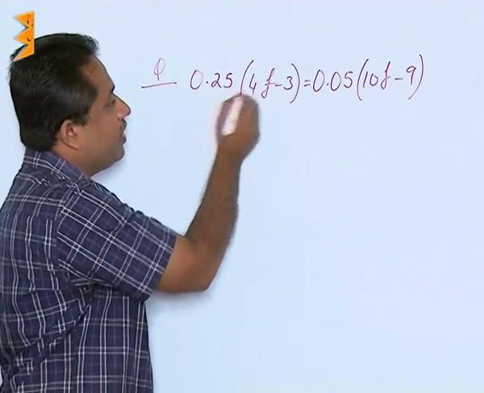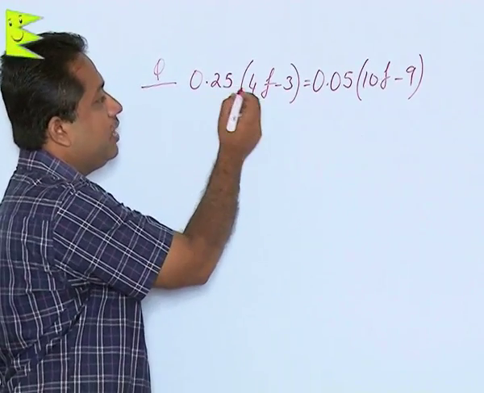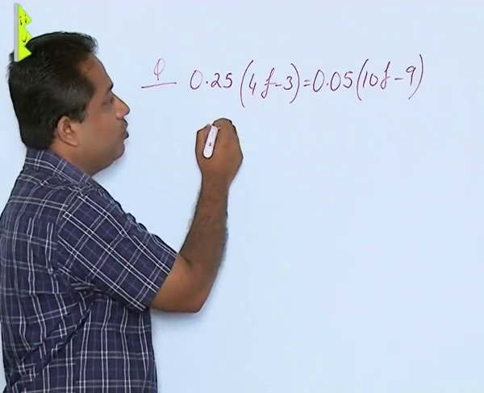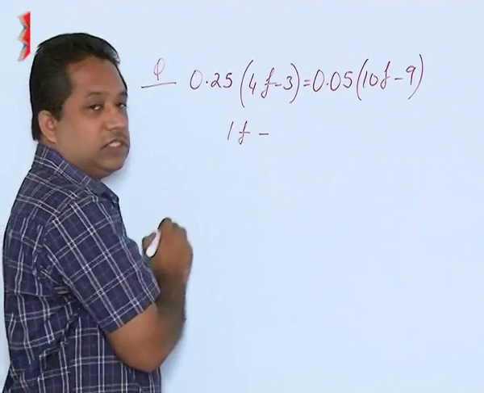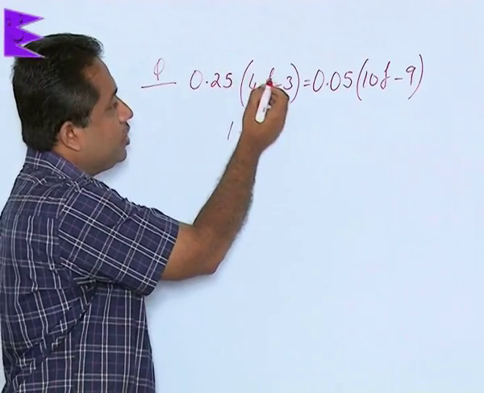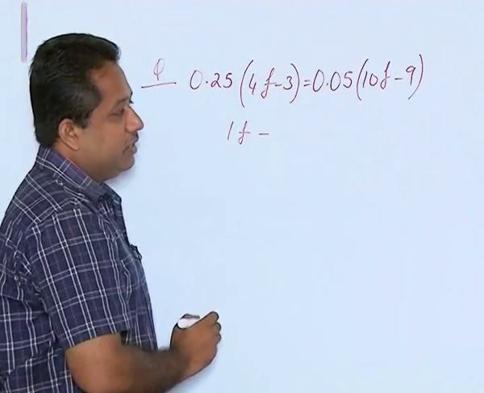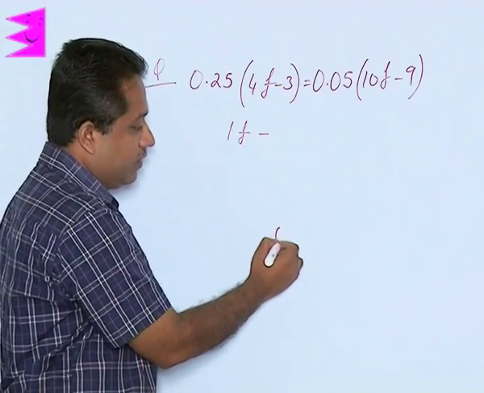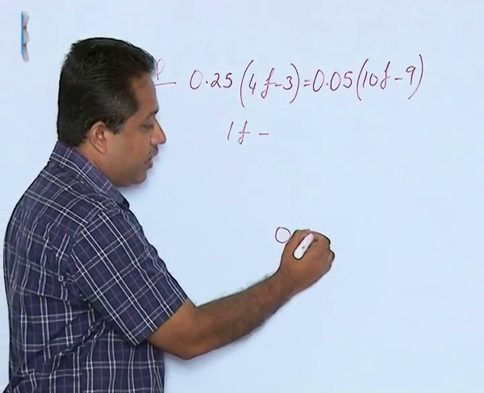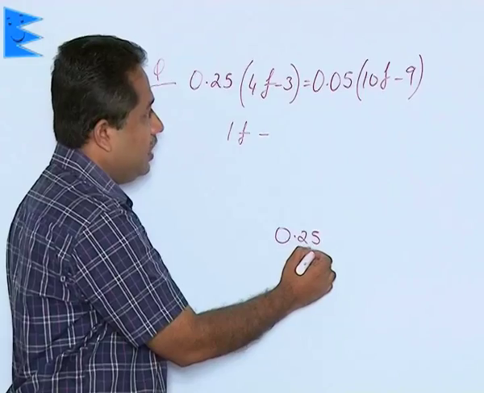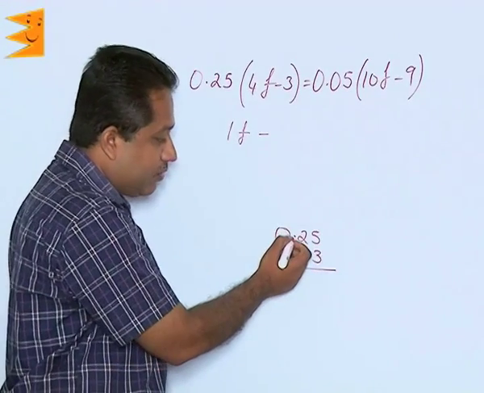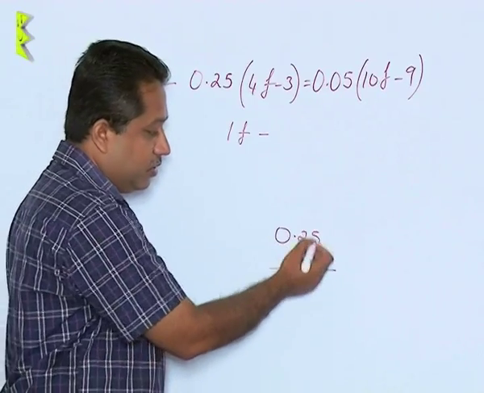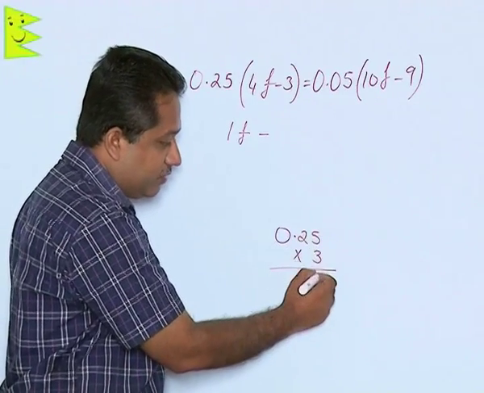So, 0.25 into 4, if we multiply 0.25 with 4, you are going to get 1f, minus, you are going to multiply 0.25 with minus 3. So, if you multiply this, we are going to get 0.25 into 3, and we know that 25 into 3 is 75, but you have to be careful of the decimal here. So, in the simple way, 5 3s are 15.